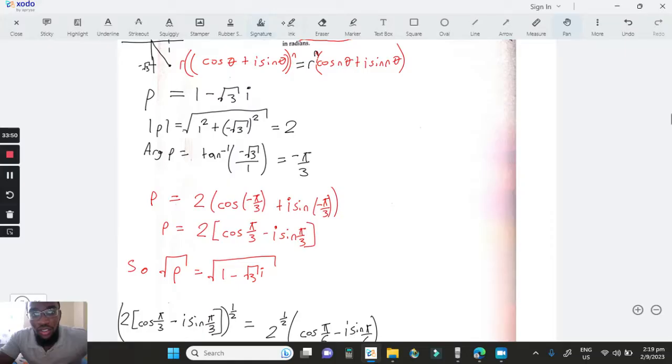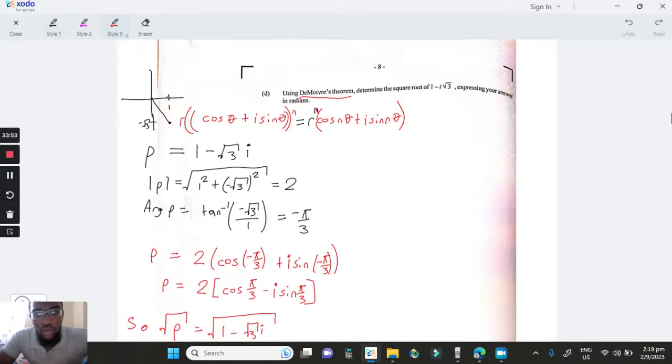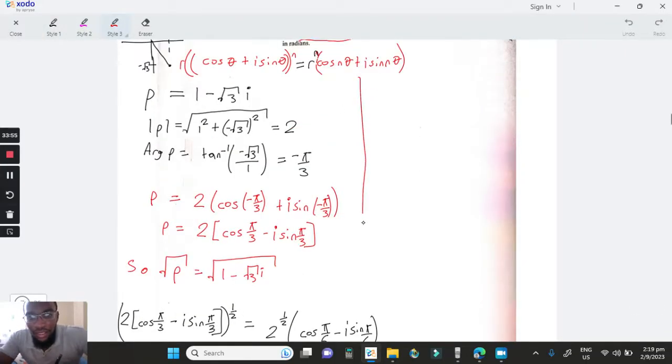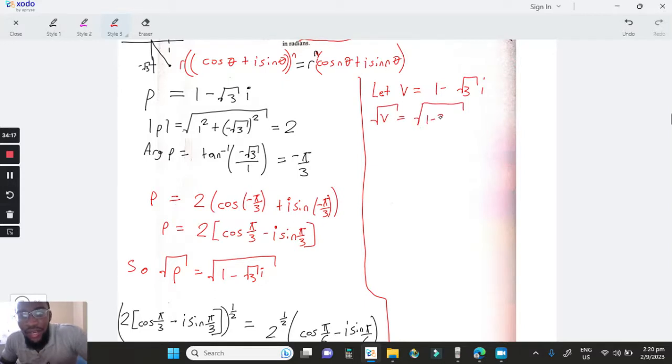Please, now I'm just going to do the conventional approach just for those who would have probably done it this way. So if you did this, which is not correct by the way, if you said let's say v be equal to 1 minus square root 3i, and then you said the square root of v is the square root of 1 minus square root 3i, and you said that's equal to a plus bi, and then you square both sides.